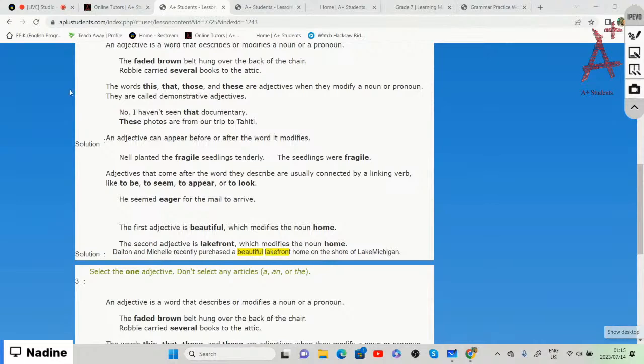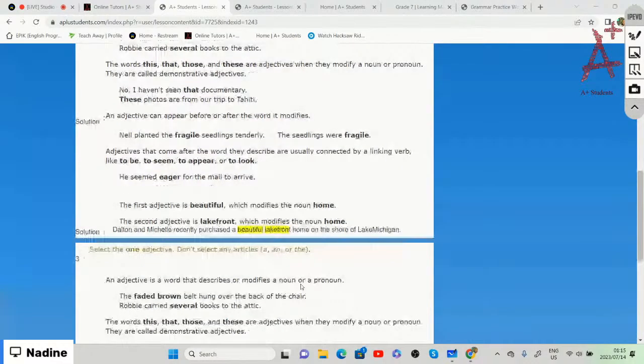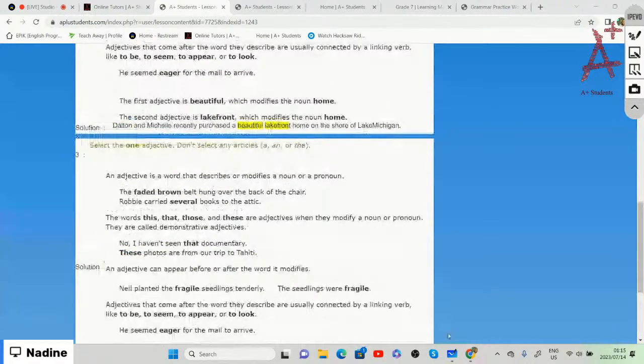And just to remember, you do not select any articles whenever we need to identify an adjective within a sentence. The articles a, an, or the are not adjectives.